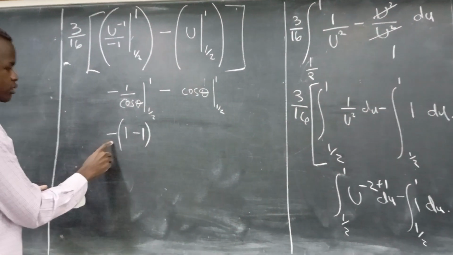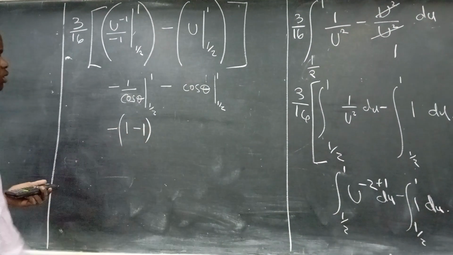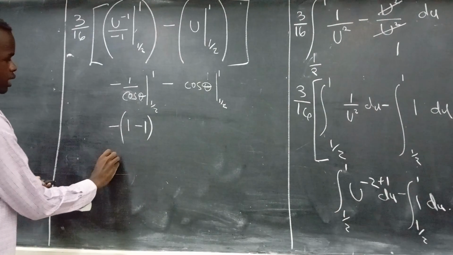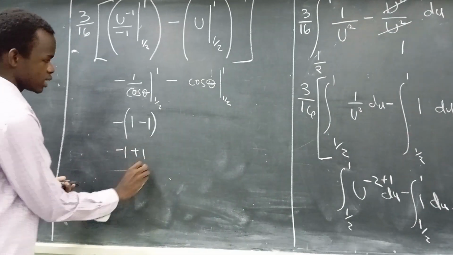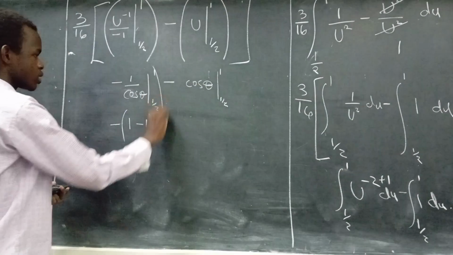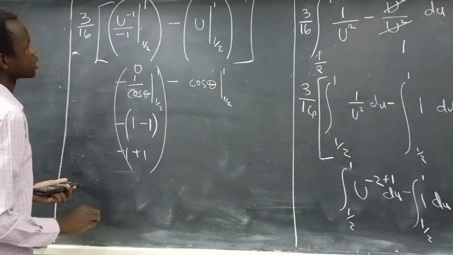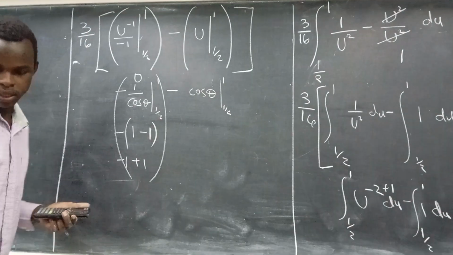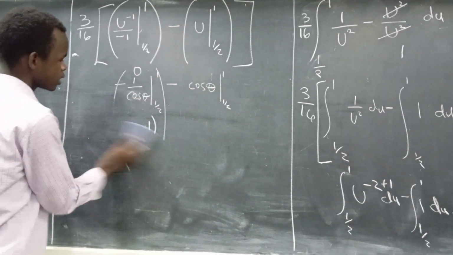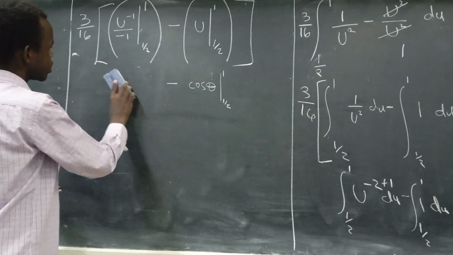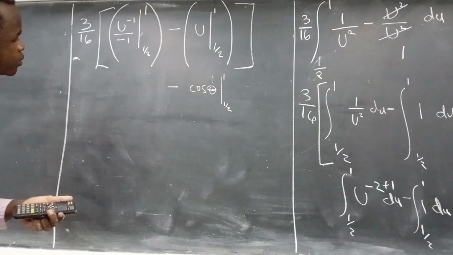But remember the negative part multiplies all. So I'll get negative 1 plus 1, which is just the same as 0. So all these expressions will be 0. So I'll be cancelling that part, as you can see.